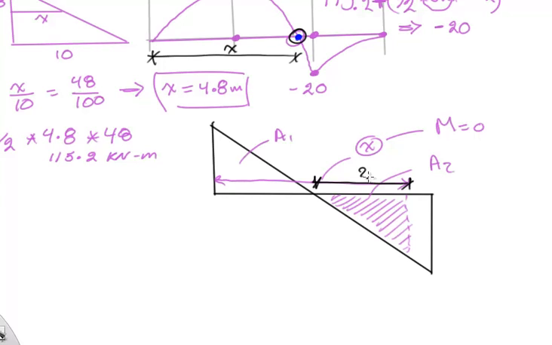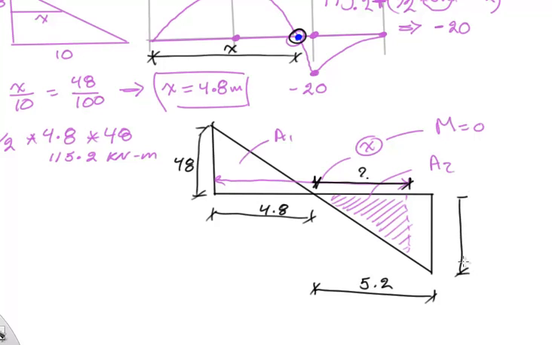Think about it for a second. This area has a base of 4.8 and a height of 48. The second area, the big one I mean, has a base of 5.2 and a height of 52. I don't know, guys, if you agree with me, but it's very obvious that if I want the area of this triangle to be equal to the area of this triangle, why not make this unknown distance equal to this?